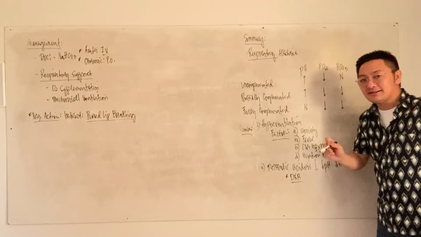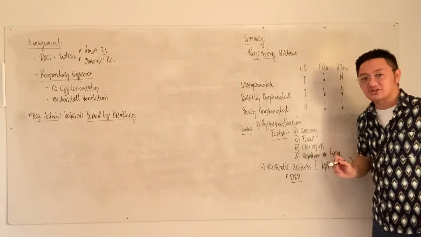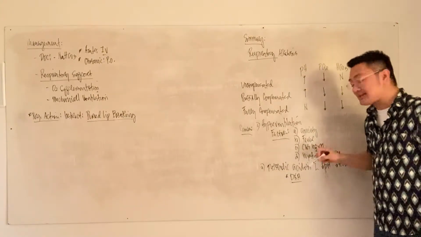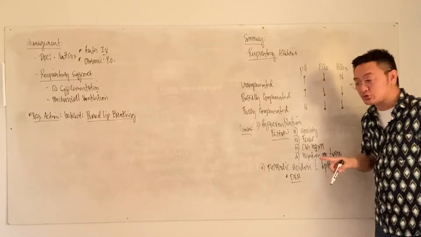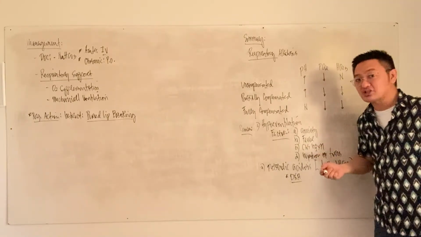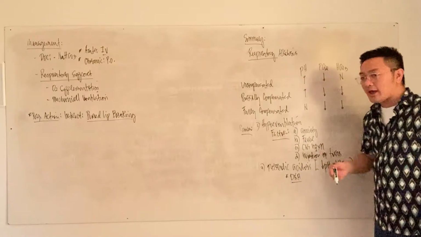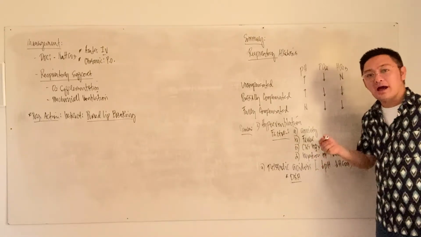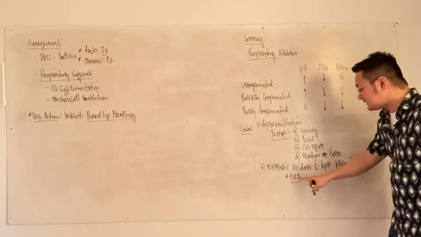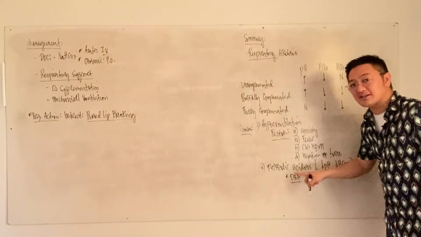Remember, diabetic ketoacidosis is a complication of type 1 diabetes mellitus. It is common in type 1. In your type 2, DKA is not common. What's common for type 2 is HHNK, which stands for hyperglycemic hyperosmolar non-ketosis. Okay? DKA is diabetic ketoacidosis.